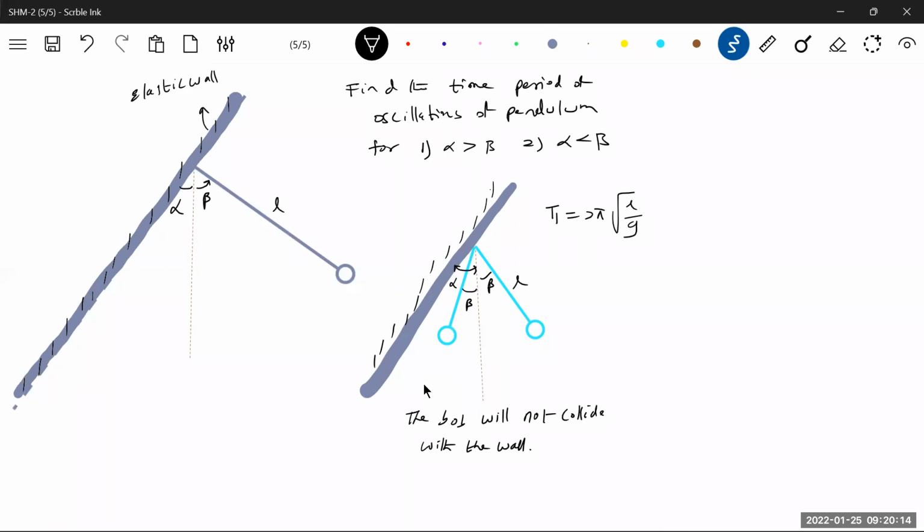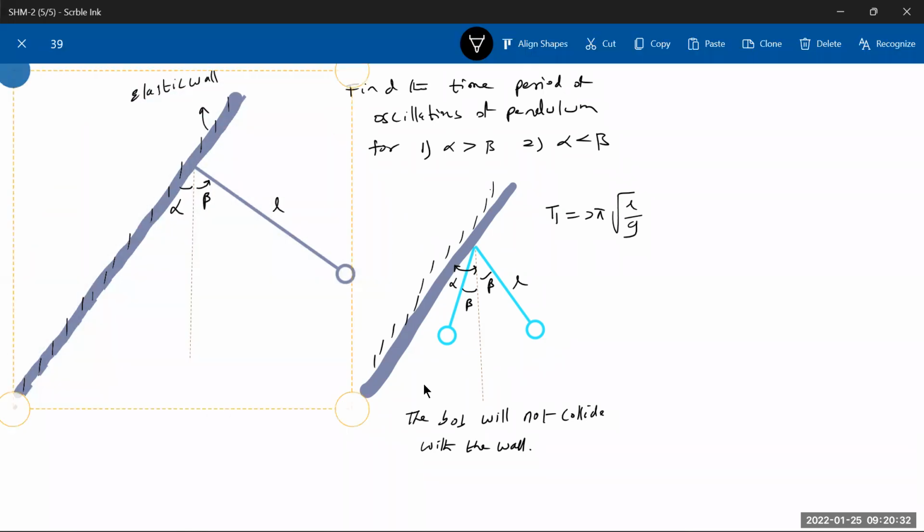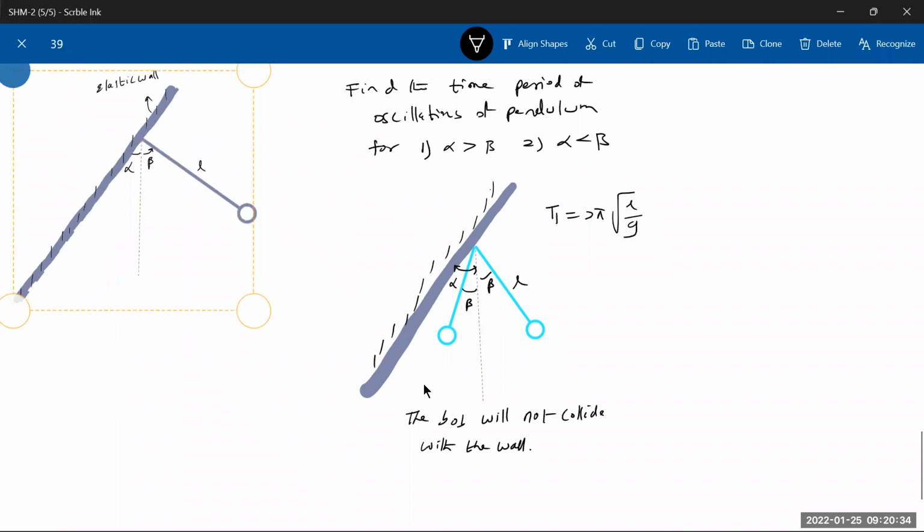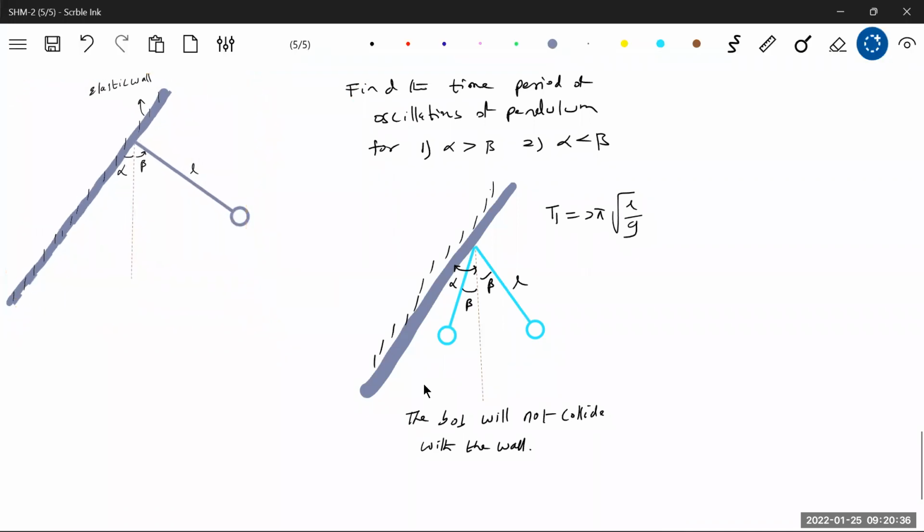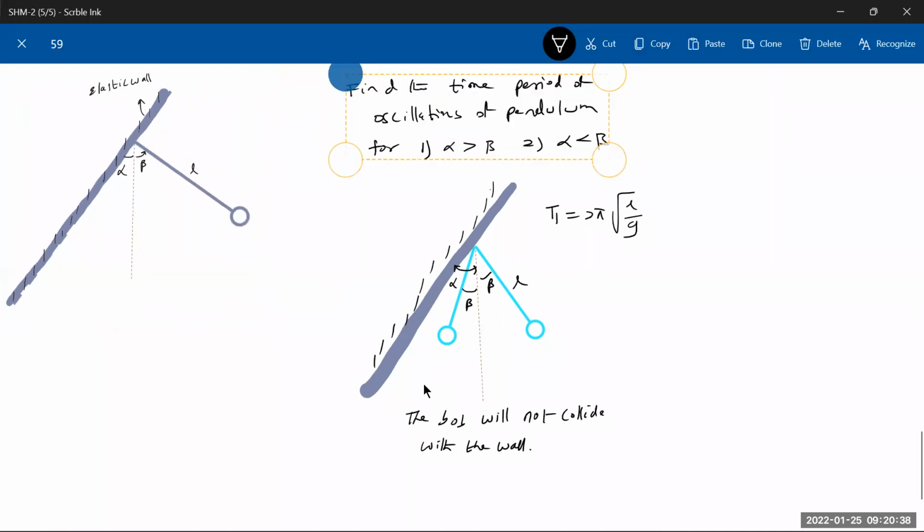If alpha is less than beta, we'll try to wind up everything here.